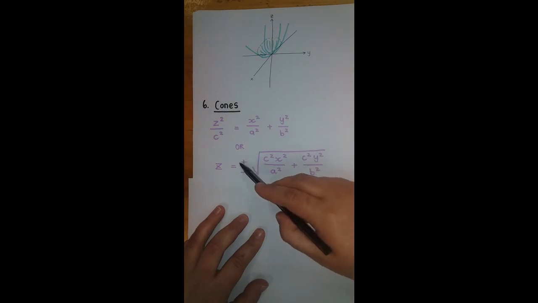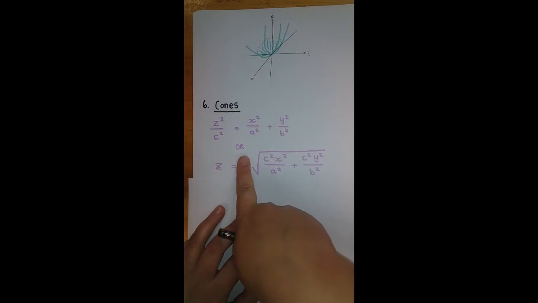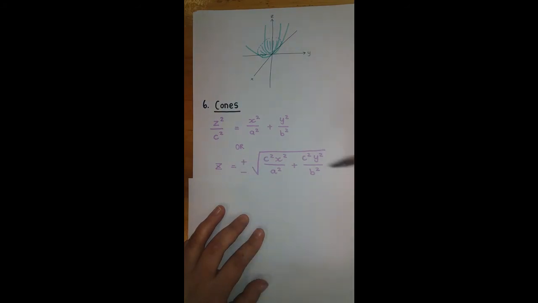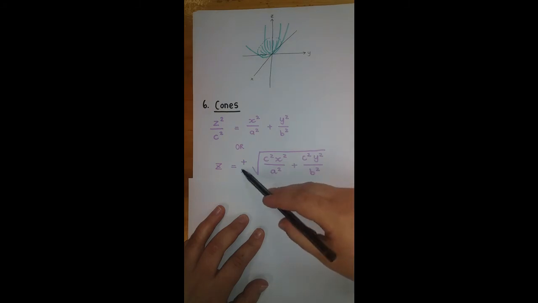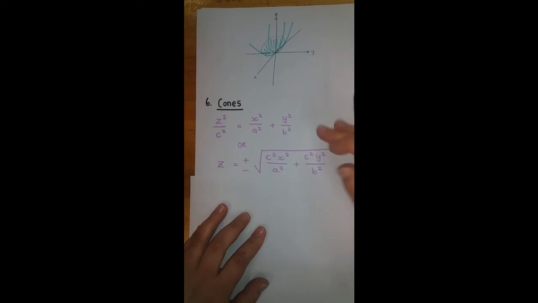Sometimes they will just give you a positive, so they won't give you anything, and that will just be assumed as the positive z side of the cone. And sometimes they will give you a negative, so all of your z values have to be negative.